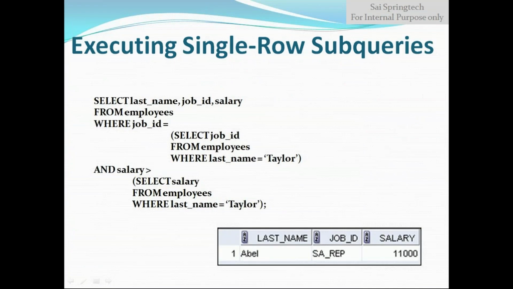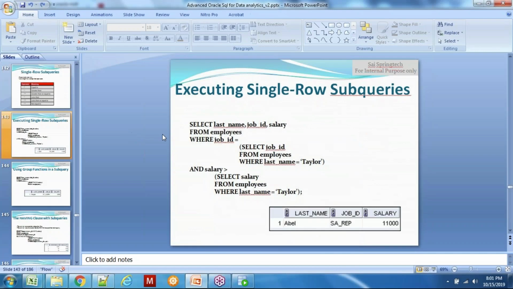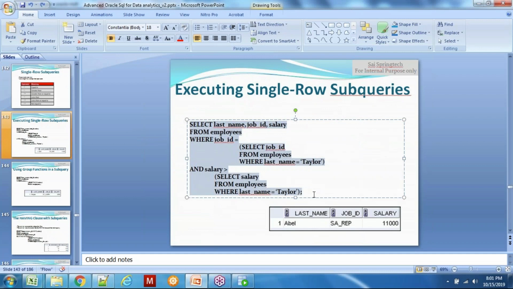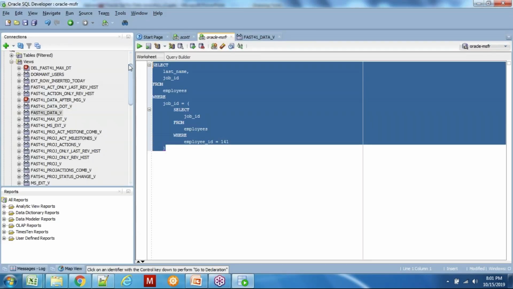Now we have learned how to run single row subqueries. There could be a scenario where I want to select the last name, job ID, and salary of employees who do the same job as Taylor but earn more salary than him.